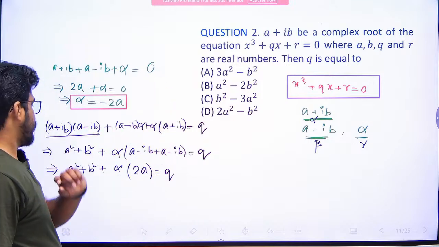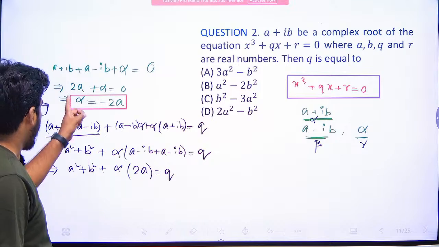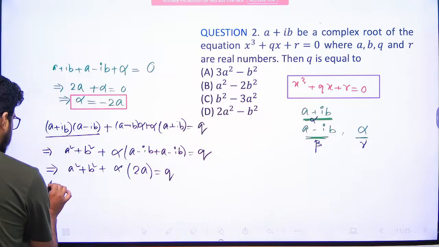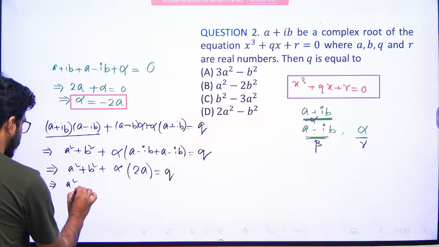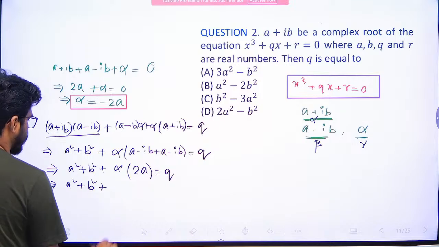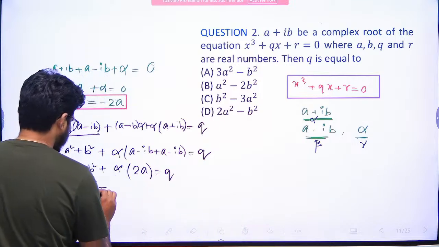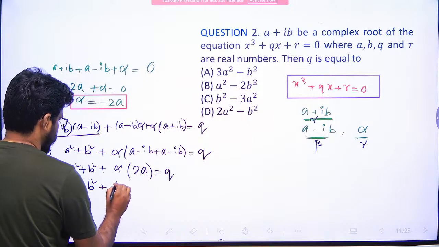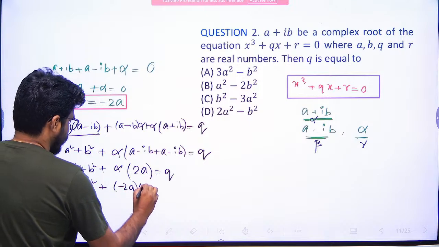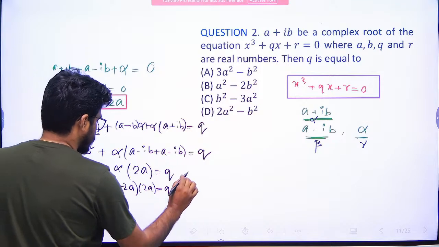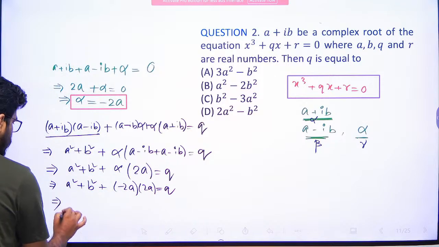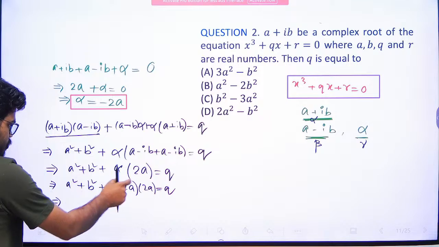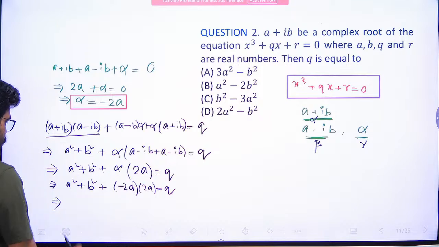We have to find the value of q. Alpha is minus 2a, right? So this will be a square plus b square plus minus 2a into 2a is equal to q. So minus 4a square plus a square, that is minus 3a square.